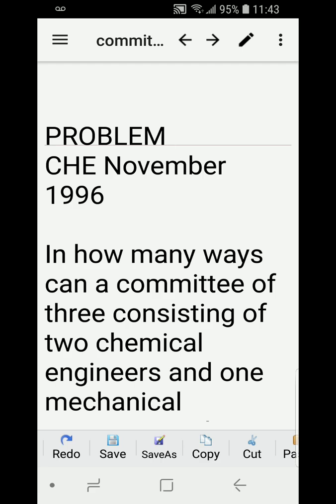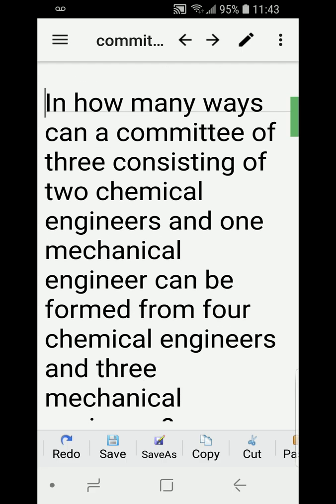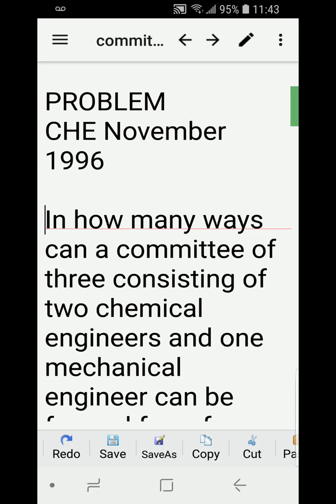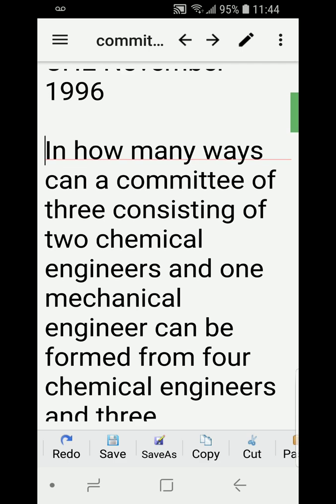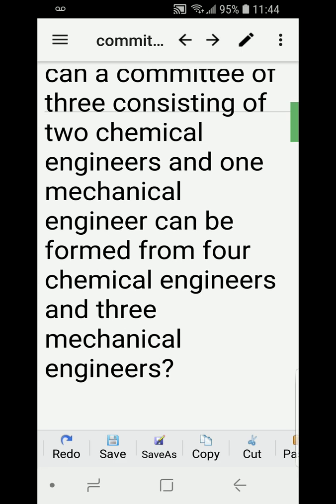And remember, if you have a problem, we have a solution. In how many ways can a committee of 3 consisting of 2 chemical engineers and 1 mechanical engineer be formed from 4 chemical engineers and 3 mechanical engineers?